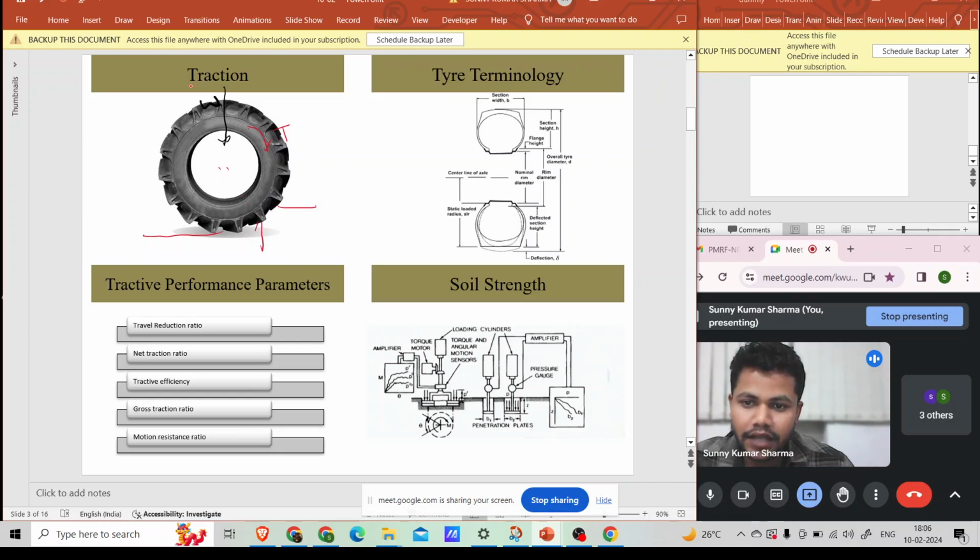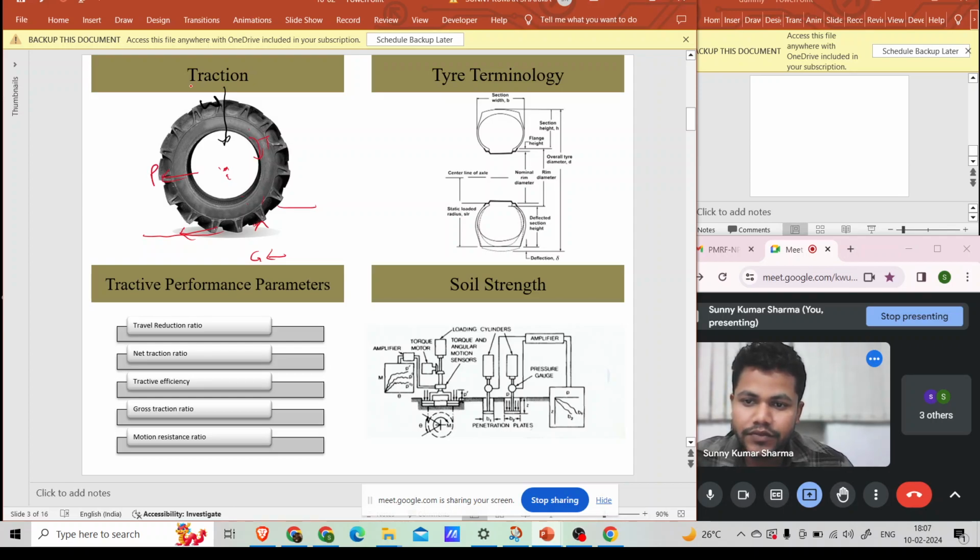the ground reaction will act perpendicular to this wheel, and it will not pass through the center, but slightly away from this center. This offset we say E, and this offset into this ground reaction, G into E, will balance this torque coming on it, and this torque in this direction will overcome the rolling resistance which is generated at the contact surface between the tire and the ground. Now the third case is driving condition, where pull is also applied and some torque is also applied.